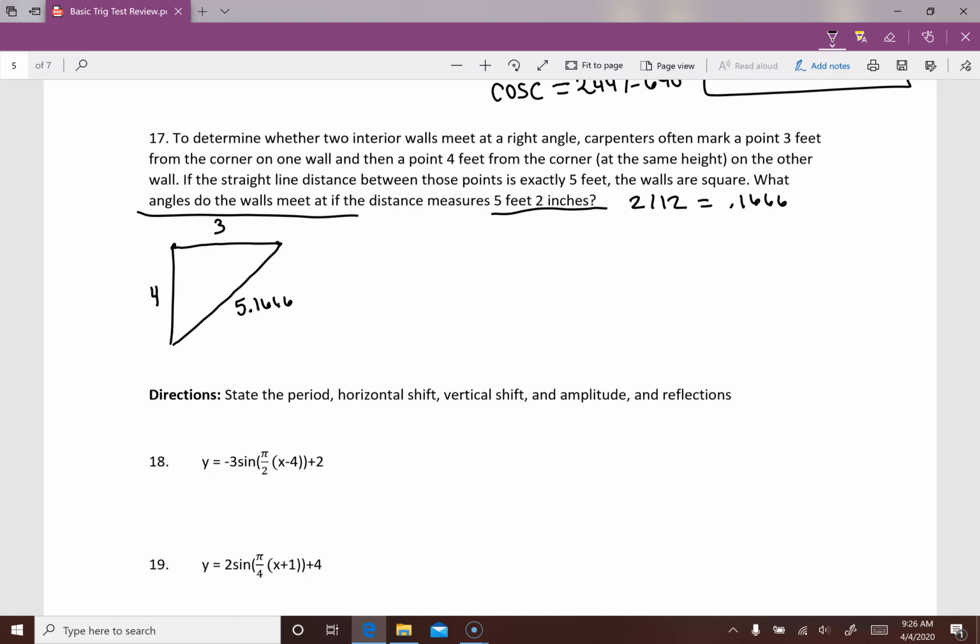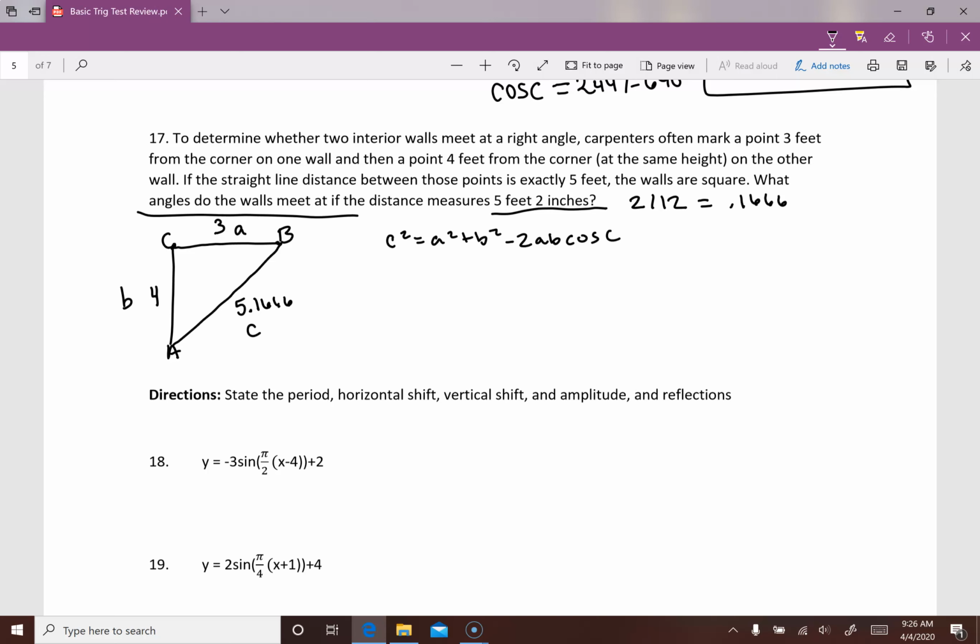All right. So here I'm going to label my sides as a C, a B, and an A. So this will be my lowercase b, my lowercase a, and my c. And so I've got c squared equals a squared plus b squared minus 2ab cosine c.